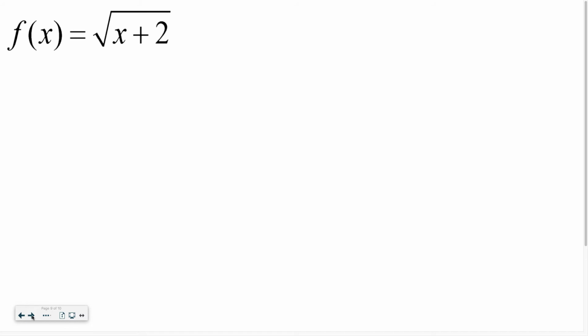What's the domain? Is it... No, it's bracket negative 2. Not x squared minus 2.